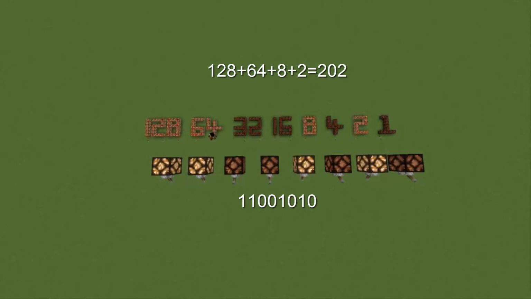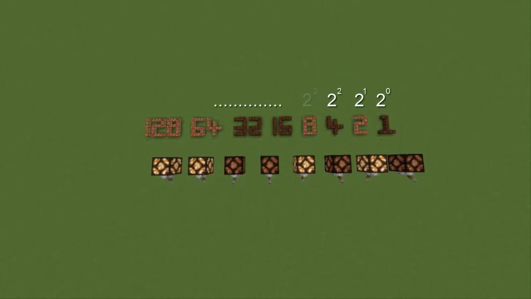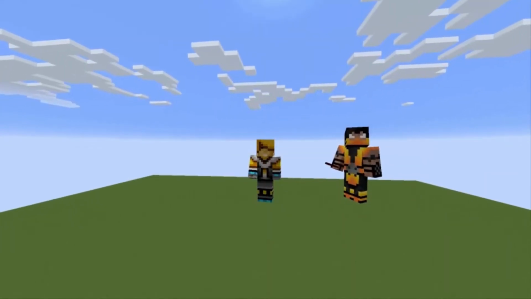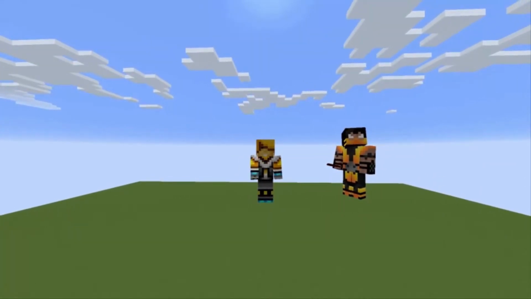The doubling numbers are actually due to the fact that each one represents adding 1 to the power of the base number, which is 2 for binary. 2 to the power of 0 is 1, which is why it starts at 1, then 2 to the power of 1 is 2, 2 times 2 is 4, 2 times 2 times 2 is 8, and so on. This is helpful mostly when it gets to octal numbers, which is next.